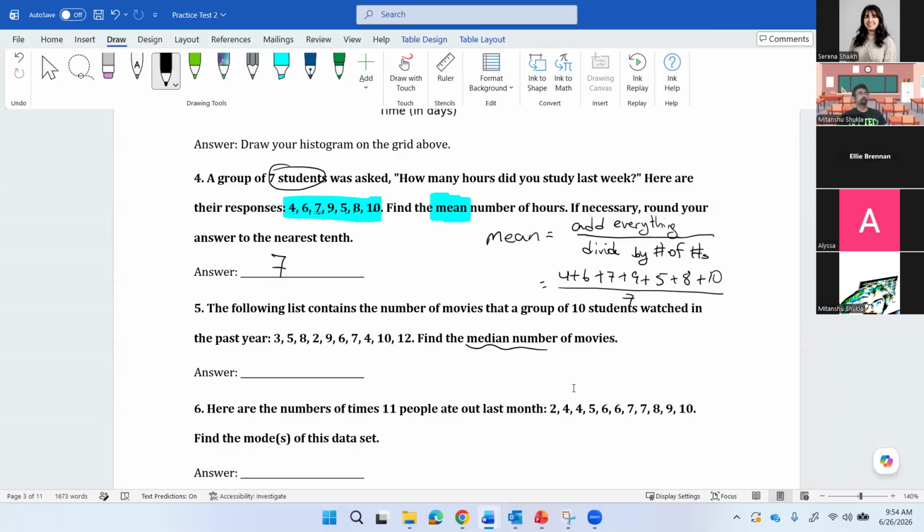Put them in order from least to greatest. Thank you. Put them in order from least to greatest. I see a 2, I see a 3, I see a 4, 5, 6, 7. I see an 8. I see a 9, 10, and a 12.